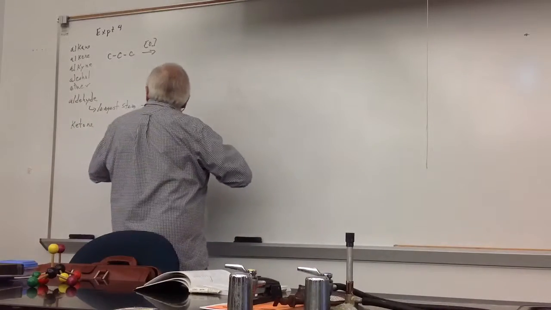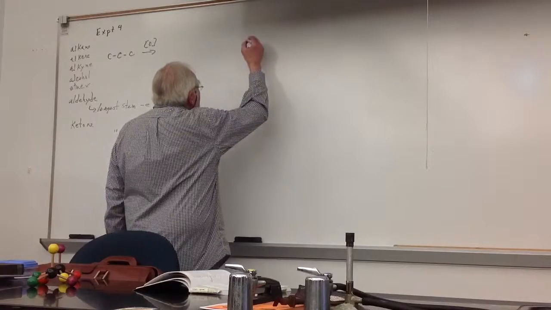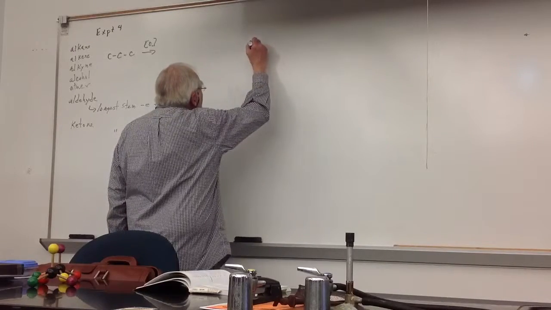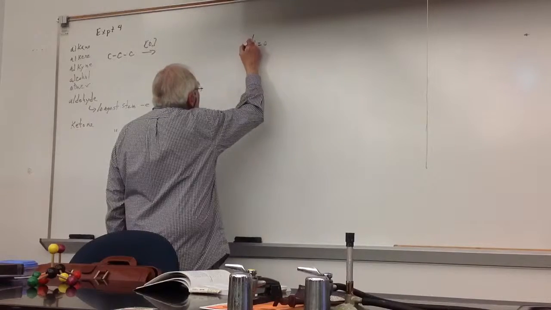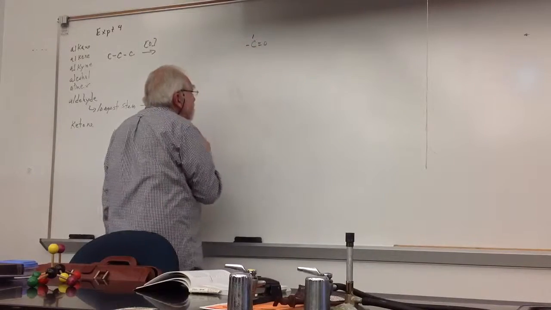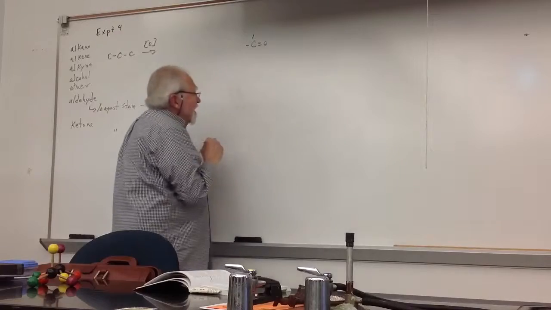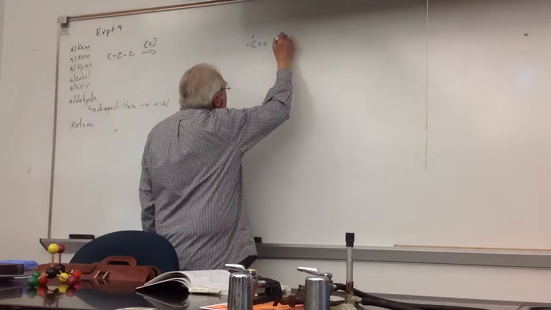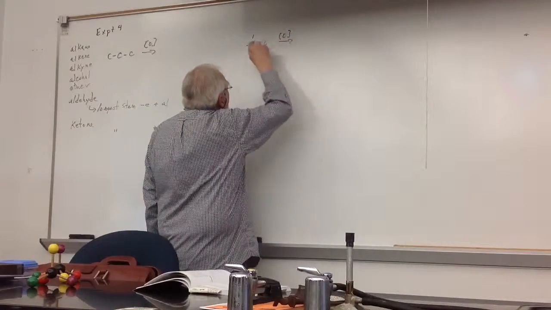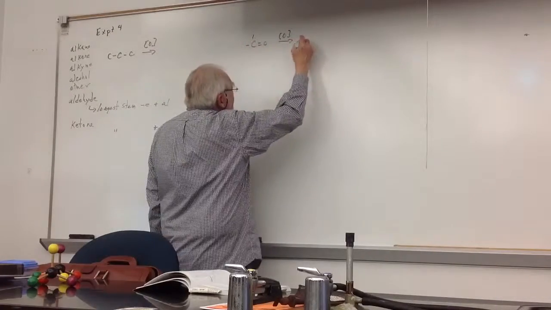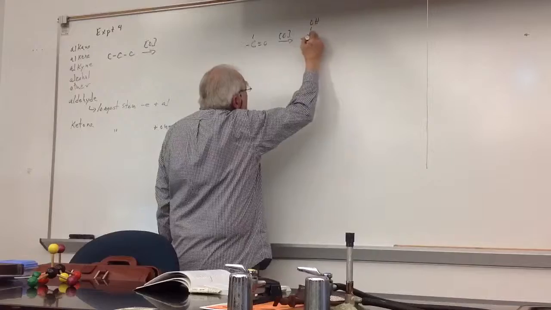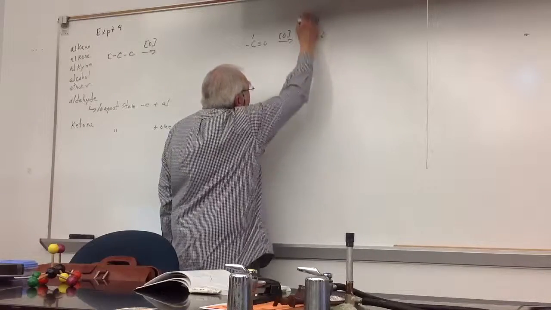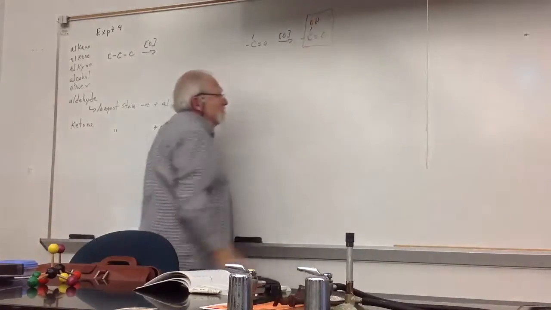I'm going to oxidize my aldehyde. And you say, how the heck can I oxidize that? I'm going to put an OH on here again. And you say, oh, I recognize that from Chem 1A.